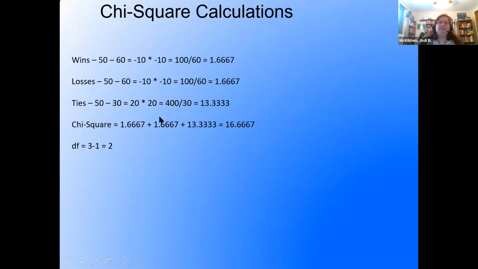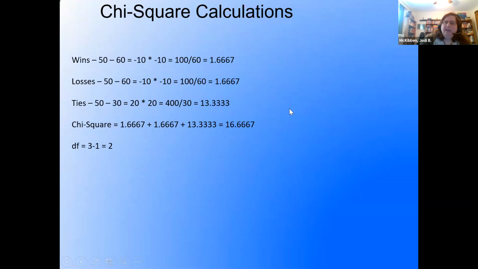Okay, now we have ties. 50 minus 30, because this time we had 30 be our expected, equals 20. 20 squared equals 400. 400 divided by our expected of 30 gives you 13.3333. So again, that was observed 50, expected 30, squared 400, divided by expected 13.3333.